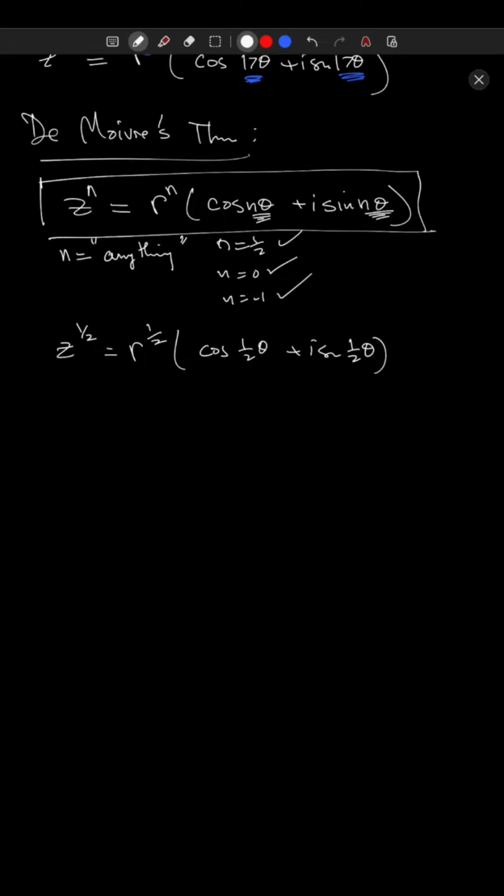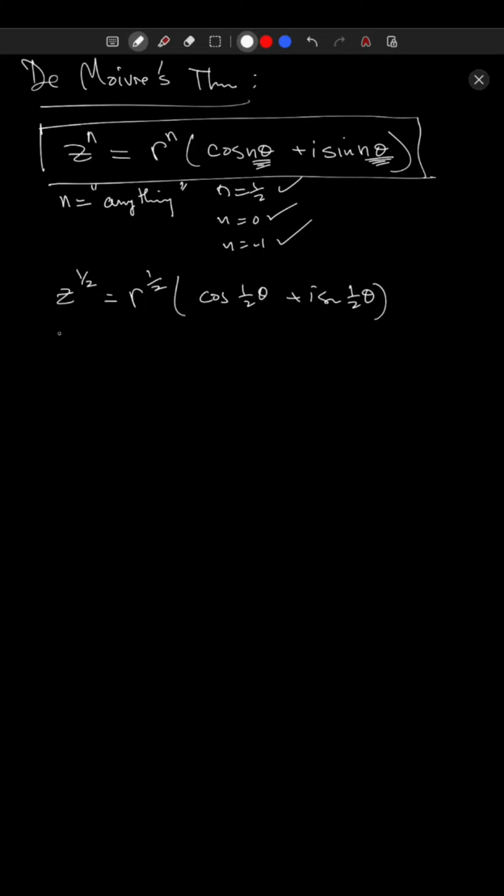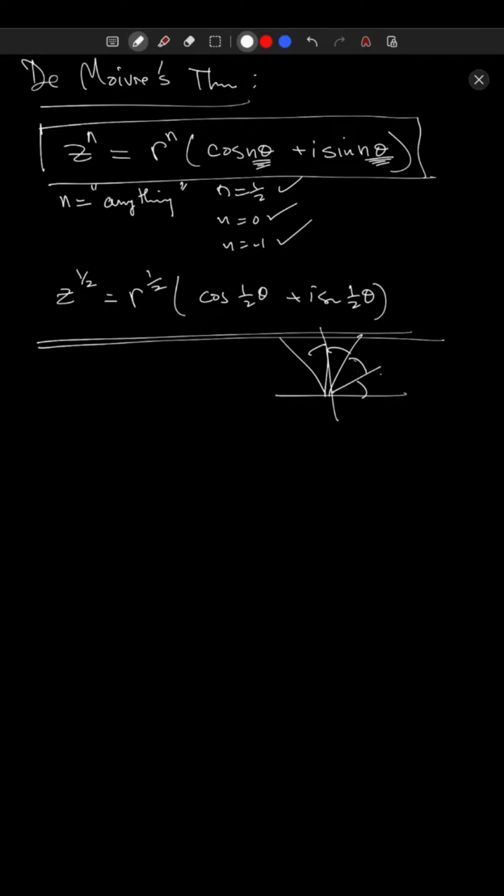So in terms of the picture, especially if you have a positive whole number power, you start with your angle theta, and then if you cube it, you're doing 3 of these angles. You're rotating 3 times. If you're taking the 4th power, you're doing it 4 times, and so on.